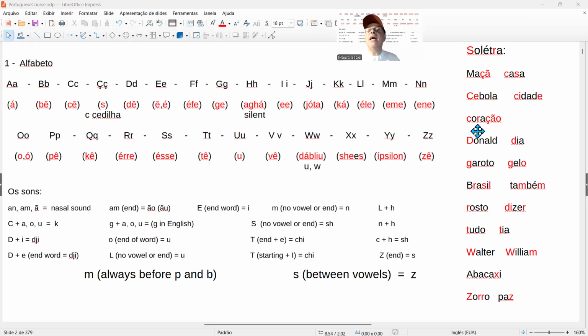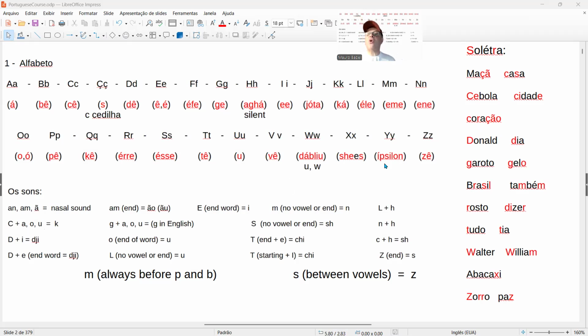It has an R sound because it's followed by a vowel. It's not corra, it's cora, because it's followed by a vowel. Cora, C cedilha, A, til, O. Nasal sound.